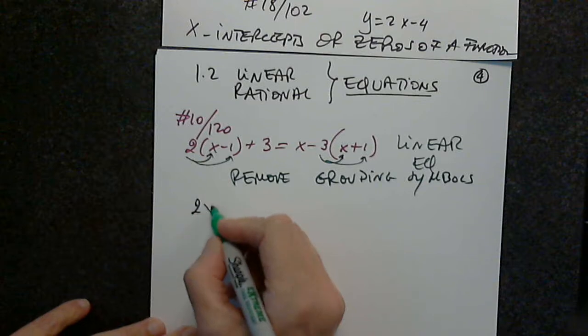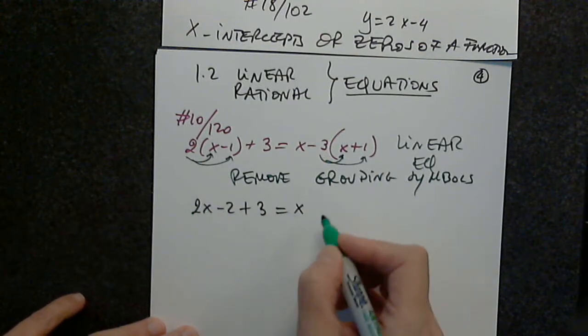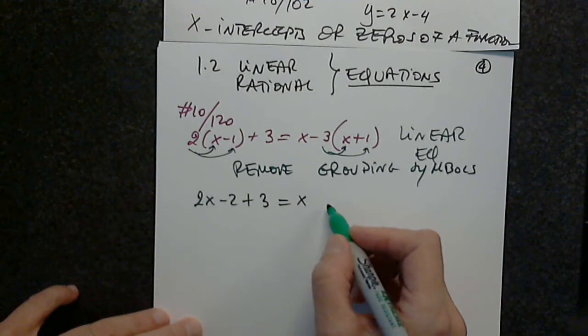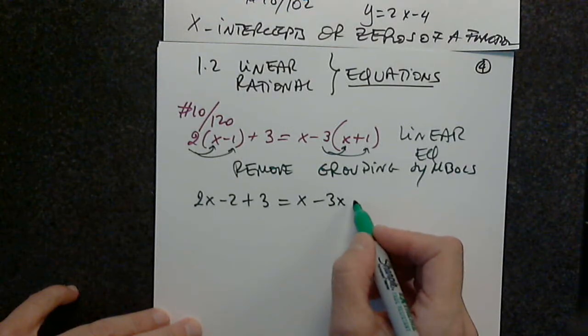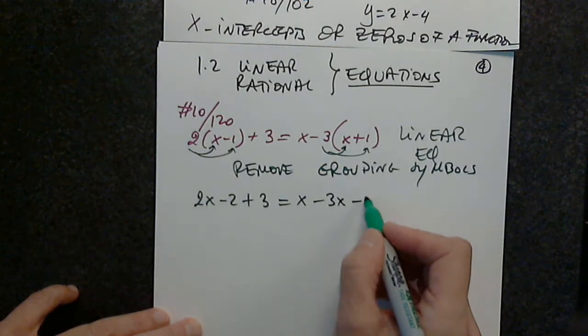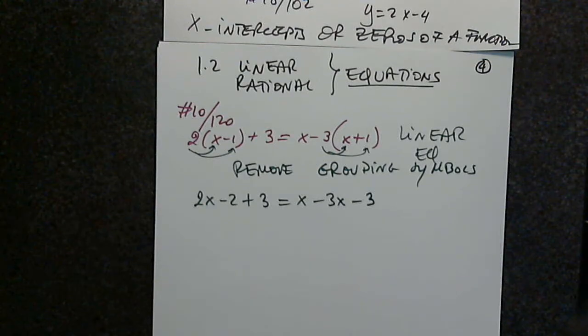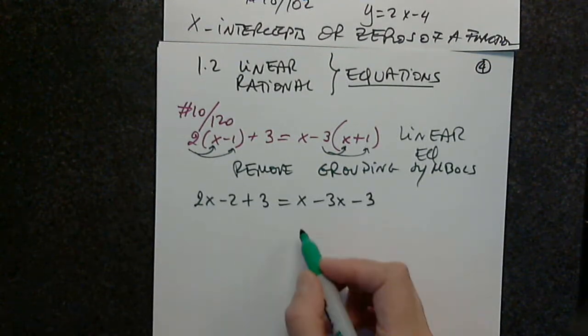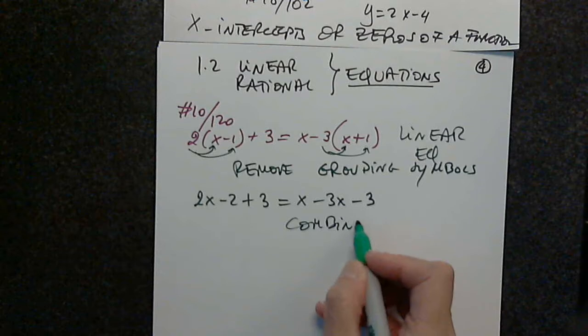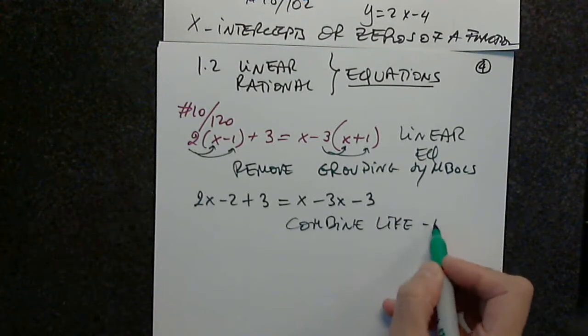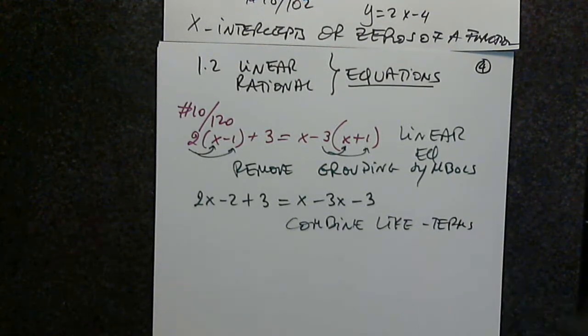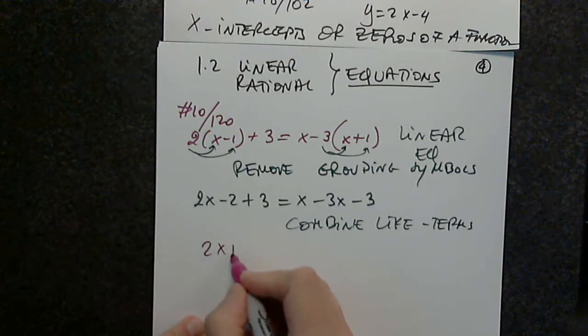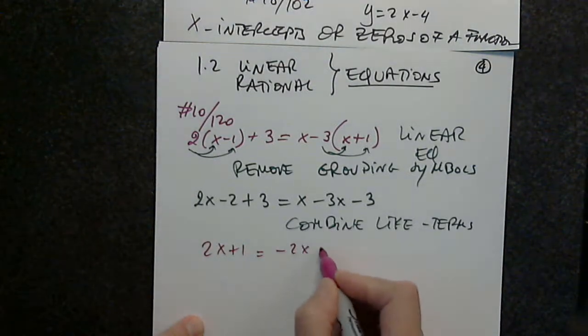So then we have 2x minus 2 plus 3 equals x, and then very good. The next step, we have to combine like terms. Do not move terms around. Just simplify the left-hand side and simplify the right-hand side fully. So this will be 2x plus 1, and the right-hand side will be negative 2x minus 3.